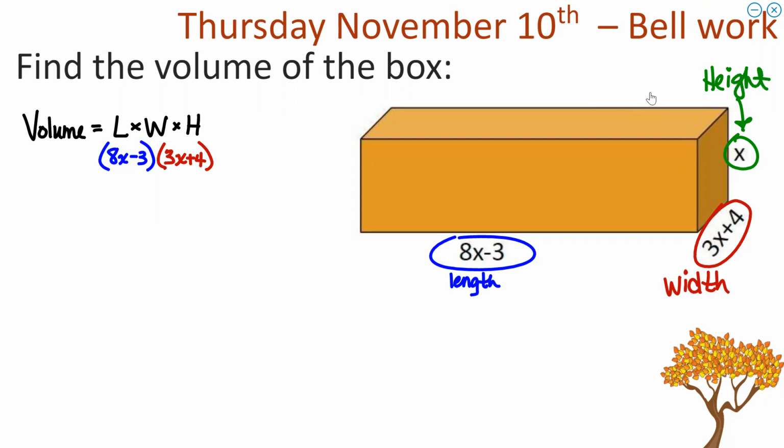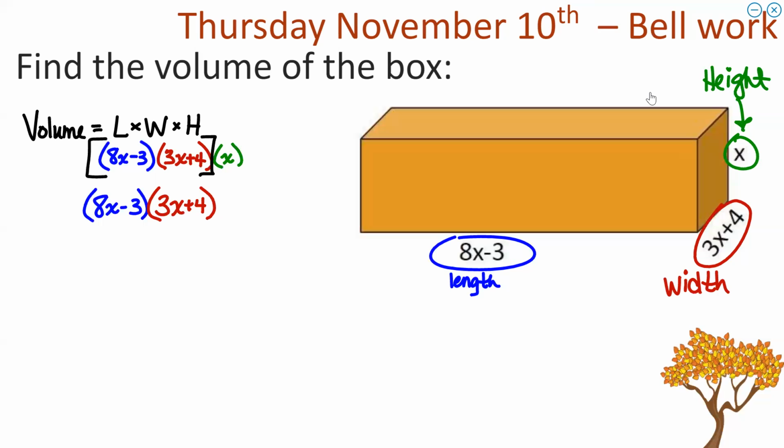How many things can I multiply together at a time? Just 2. So let's focus on these 2 right here. We're going to multiply those 2 together, and then we'll multiply that result by the x at the end. So I have this right here, and then I have 3x plus 4.